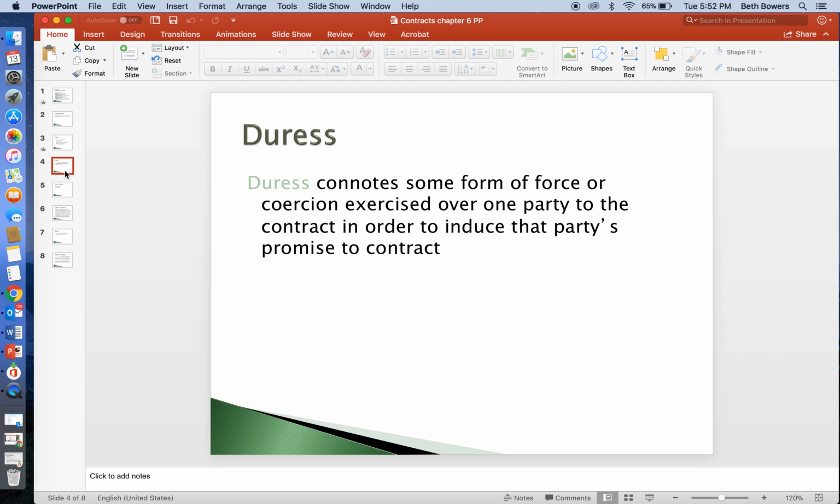And undue influence is, again, just a subset of mental duress that takes into consideration that very close relationship between the parties. So if we look at example number 1 on page 131, this will help to emphasize this.